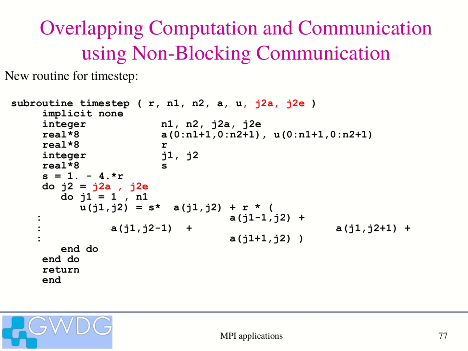So in this time step I do the columns only starting from J2A to J2E, from Anfang to Ende. I do not update all columns, but only the columns indicated in the calling sequence here.